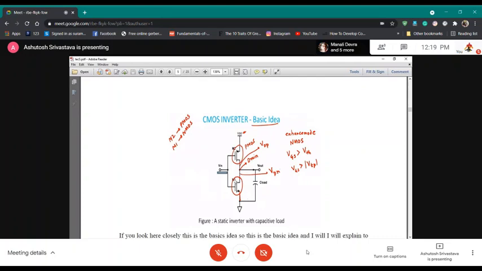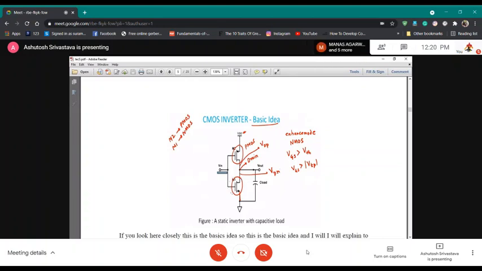Means it conducts current. So the current now moves from the charged capacitor C load at the output to the source of the NMOS transistor.